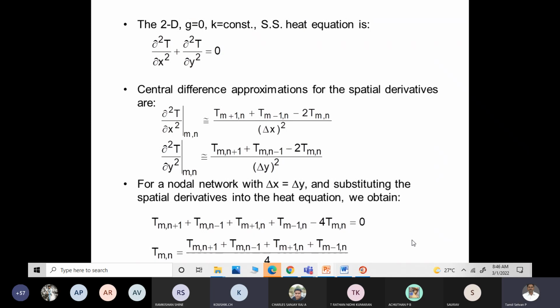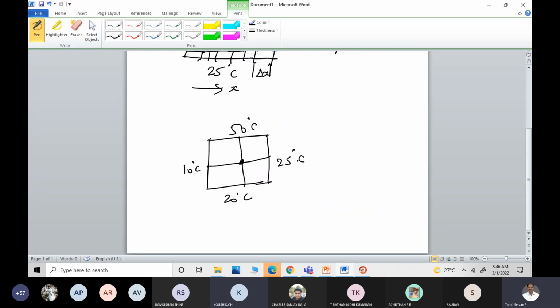Okay, students? Yes, sir. So the center temperature is 50 plus 25 plus 20 plus 10 divided by 4. That will be the answer. 75, 95, 105. 105 divided by 4, how much is it? 22.5.